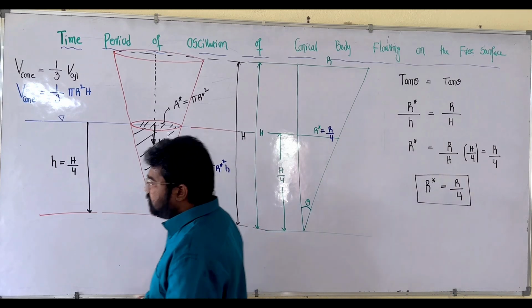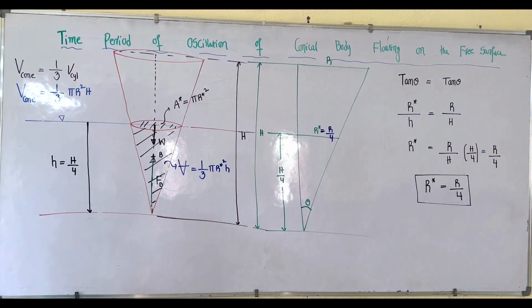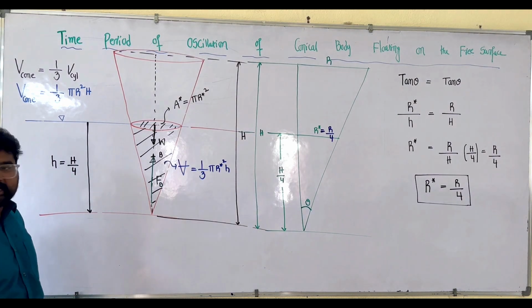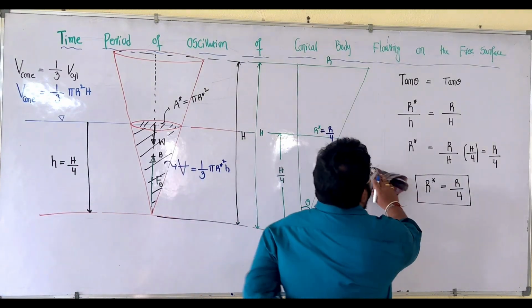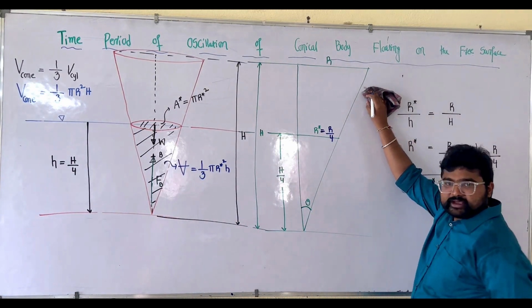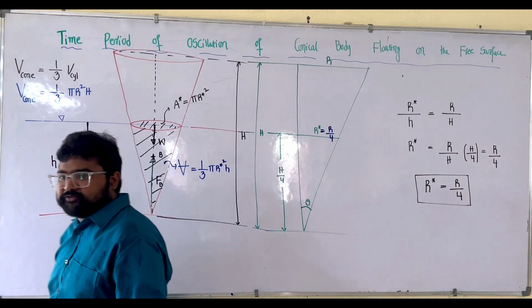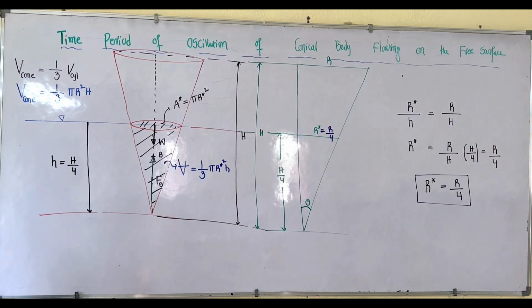In this case, what is given in the question? H by 4 depth of the cone is immersed in the fluid. H by 4 is the depth of immersion mentioned in the question. Clear? Now we can apply. R star equals R by 4. Now buoyant force is balanced by the weight of the body.